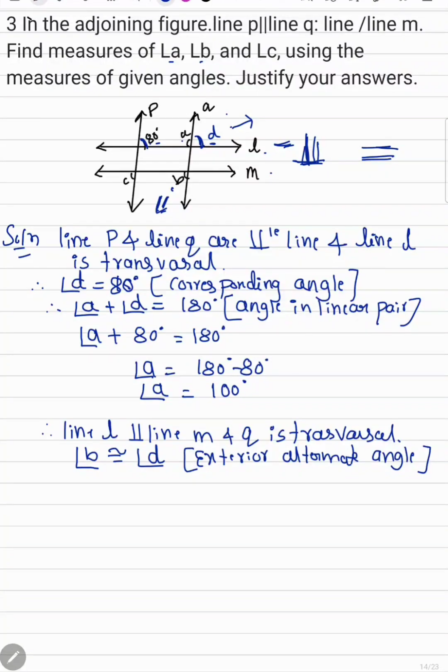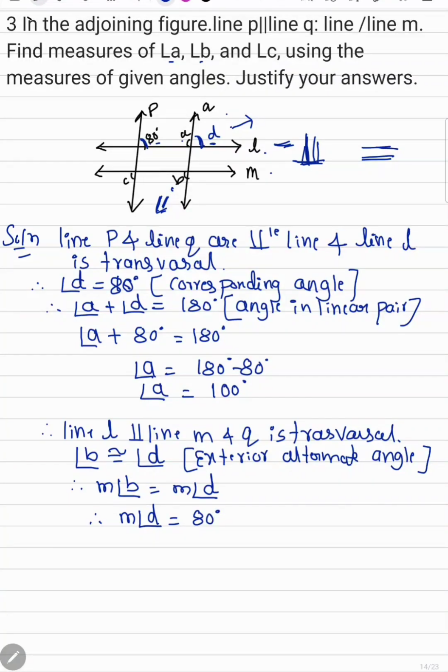So angle B is equal to angle D, the same value. Therefore, the measure of angle B is equal to the measure of angle D. Therefore, the measure of angle D is equal to 80 degrees.